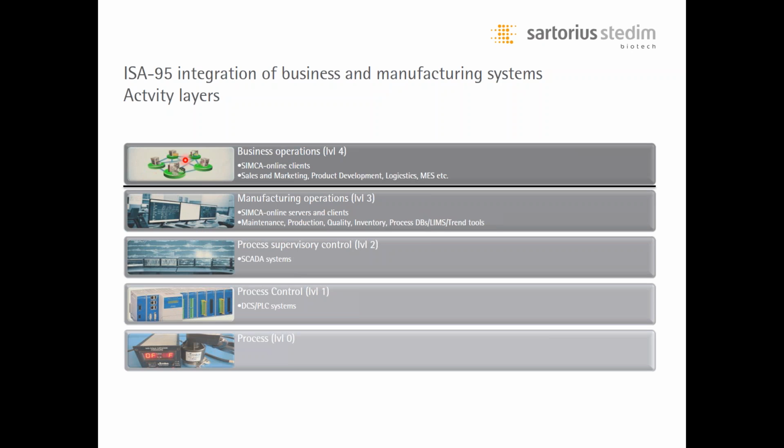And then we have the business operations level 4, which consists of sales and marketing of the organization and product development, logistics, MES system, and so forth.